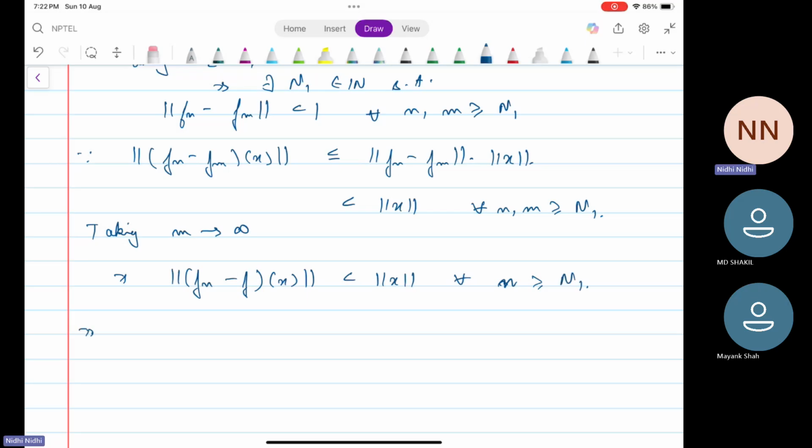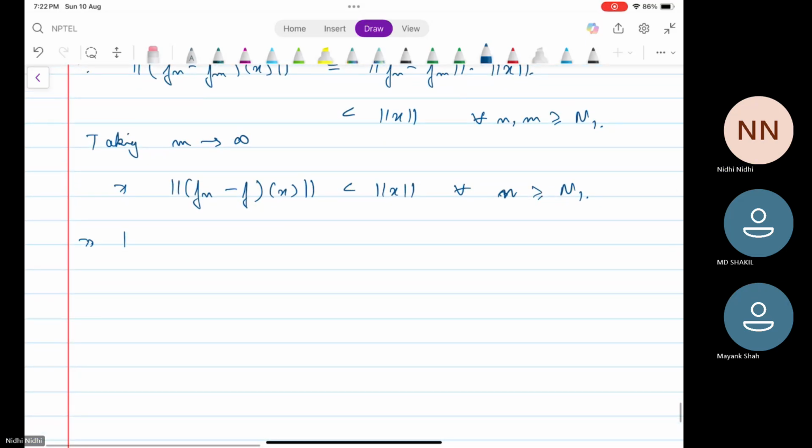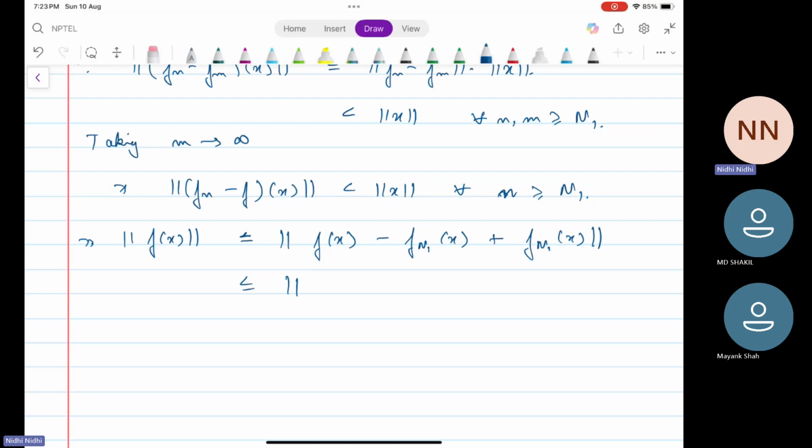This implies norm Fx, this is equal to, I can just add and subtract Fn1 x. Now by triangle inequality, this is less than or equal to norm of (Fx minus Fn1 x) plus norm of Fn1 x.